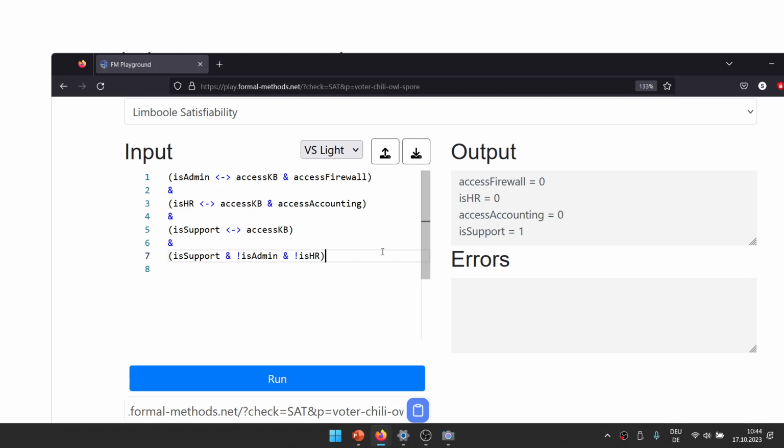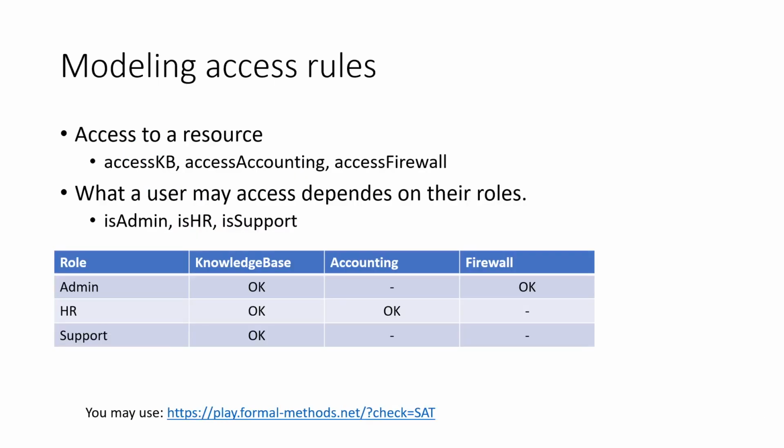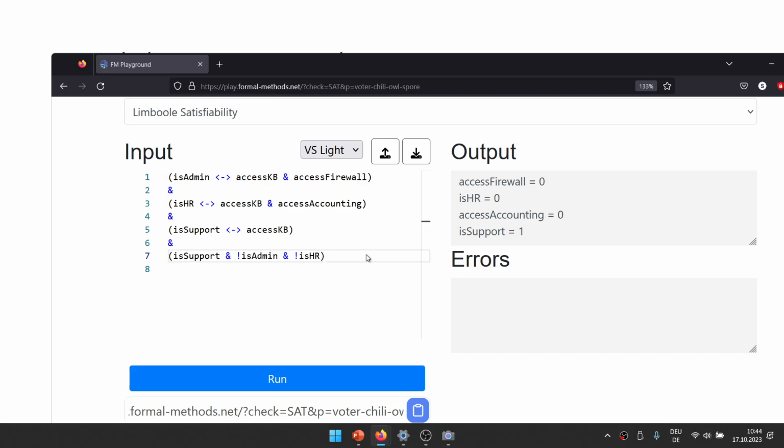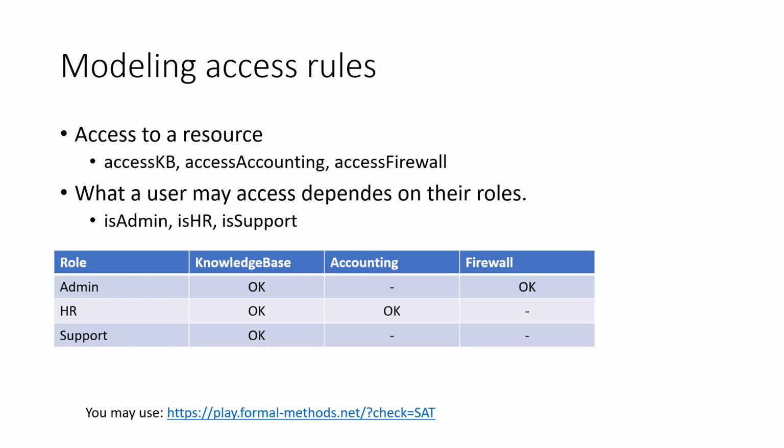The trick that we could do is, instead of going by the role, we could go by the resource. And then we could say you have access to the firewall if and only if you're an admin, because then I think we don't have this issue with the super user, right?